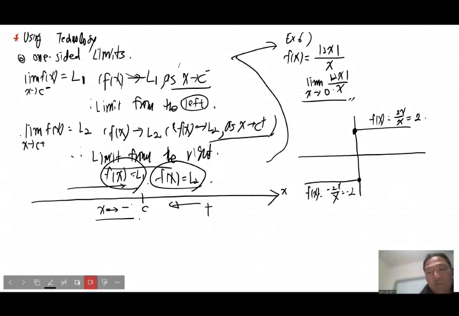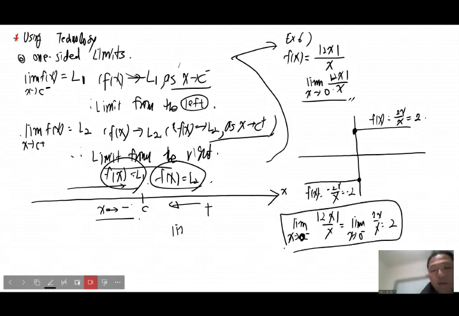So the limit as x approaches 0 from the negative direction, then the absolute value of 2x over x is the same as the limit as x goes to 0 from the minus side, and that should be minus 2x over x, which is minus 2.